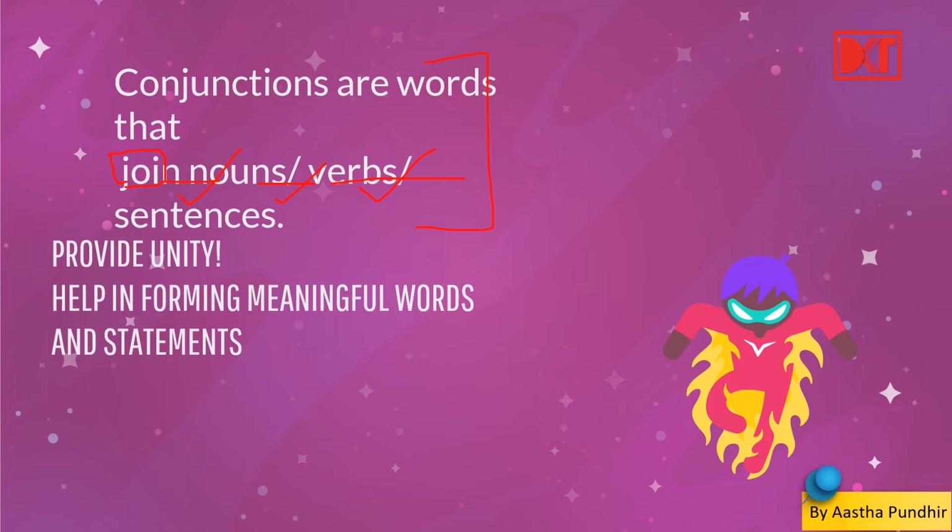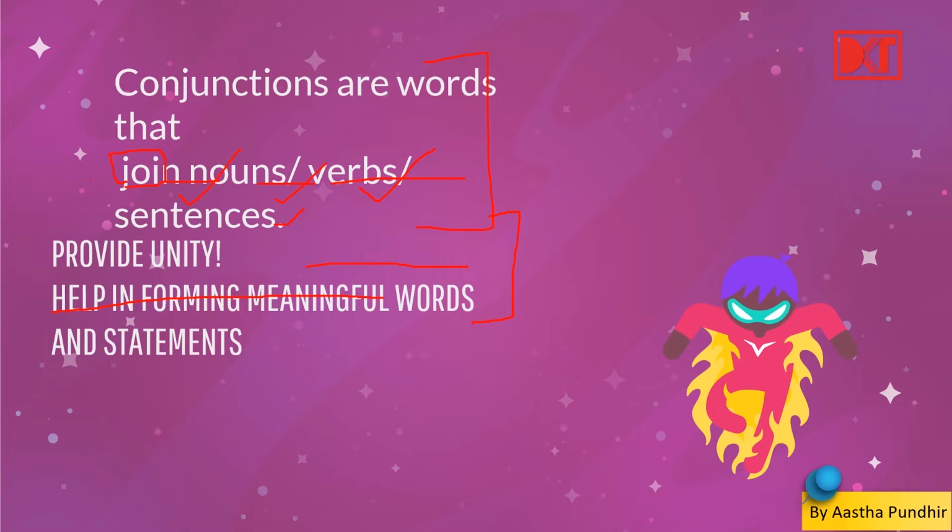They provide unity. They help in forming meaningful words and statements. अब let's see, ये जो meaning हमने पढ़ा है, इसके हम examples पढ़ेंगे और explanation और पढ़ेंगे. So अभी हमने क्या पढ़ा है?